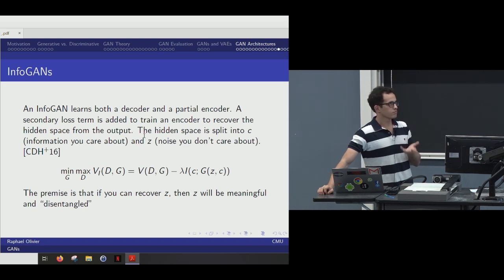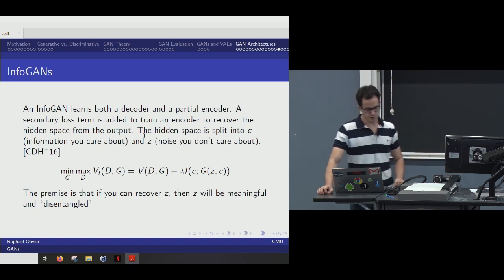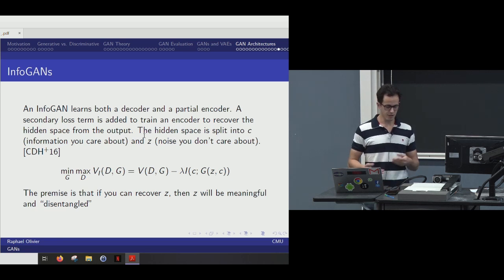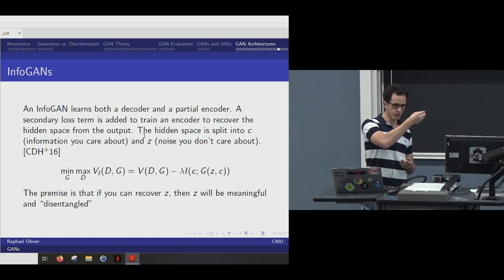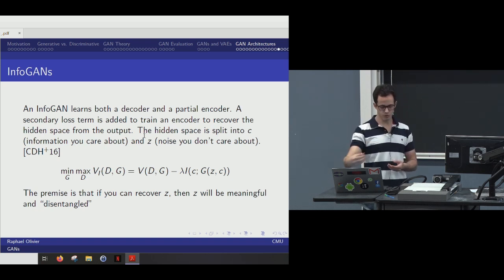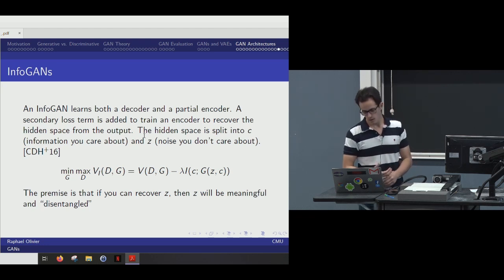That's a little mathematical, it falls into information theory, and just know that it involves an encoder network that they name Q that associates an image to its latent C, but just C, not Z. And there is a divergence term on those that is meant to ensure that C is meaningful and really associated with the data that you're looking at.